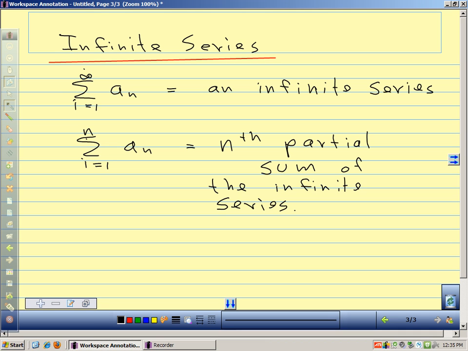So the partial sum is not any different from what we just did before, except that the partial sum is a part of an infinite series. So when you see partial sum, it just means your series is an infinite series and we're only adding together a certain number of the terms.